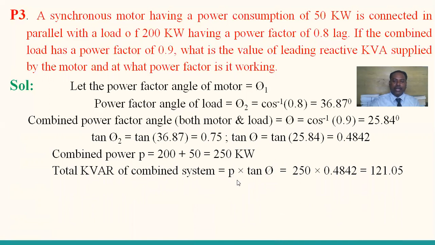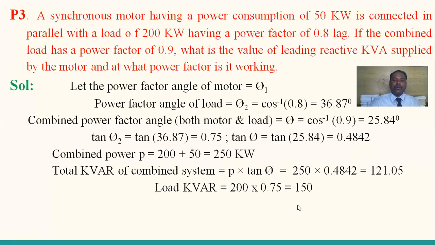So take real power, reactive power and apparent power. The phi is to be calculated from the impedance triangle. Q is to be calculated as P into tan phi. P is 250 and tan phi is 0.4842, which is equal to 121.05 kVAR. And what is the load kVAR?